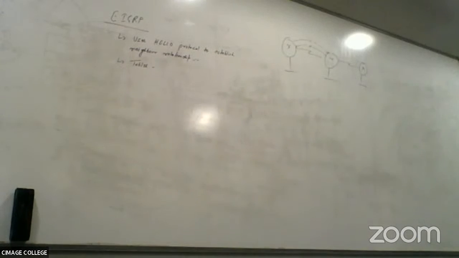But OSPF creates 2 tables. One is the IP routing table and the second is the neighbor table. Neighbor table means a router keeps information about all those routers which are directly connected to the router.